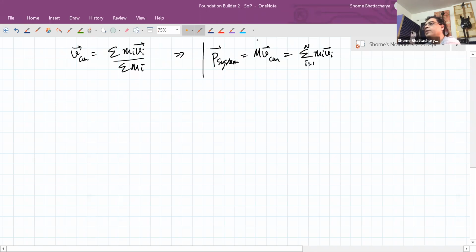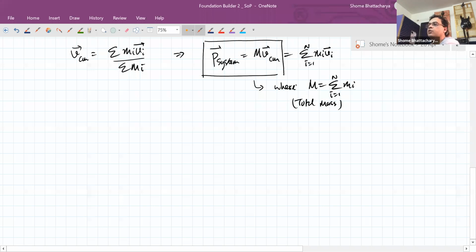So this is how we define the momentum of the system, and that is equal to the summation of momenta of all the particles, where capital M is summation of mass for all the particles. So this is total mass. We define linear momentum of a system as total mass into velocity of center of mass, and that is equal to the vector sum of the momenta of the individual particles.